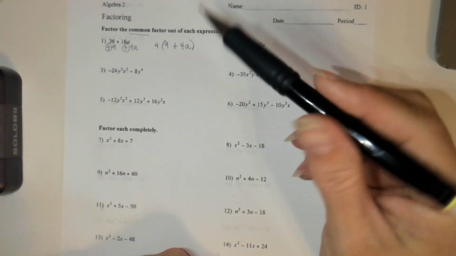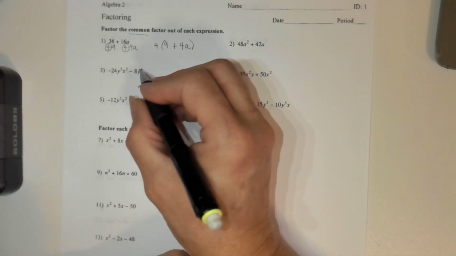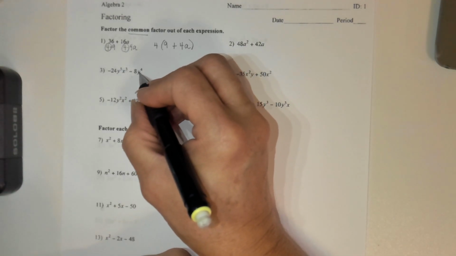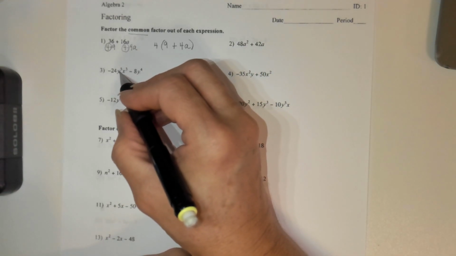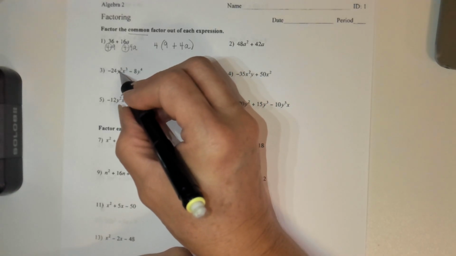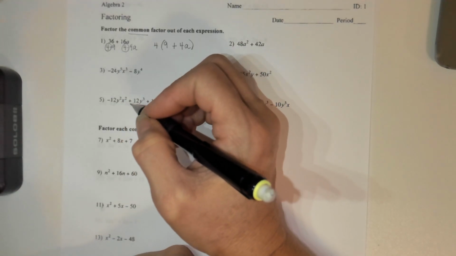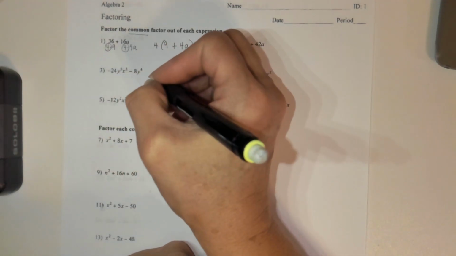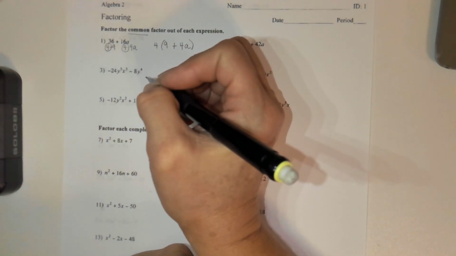Problem number 2, you have to really look at it good. See how I have 4 y's here and there's a total of 5 of the y's here. So I can bring out 4 whole y's. Let me try to demonstrate what I'm talking about.